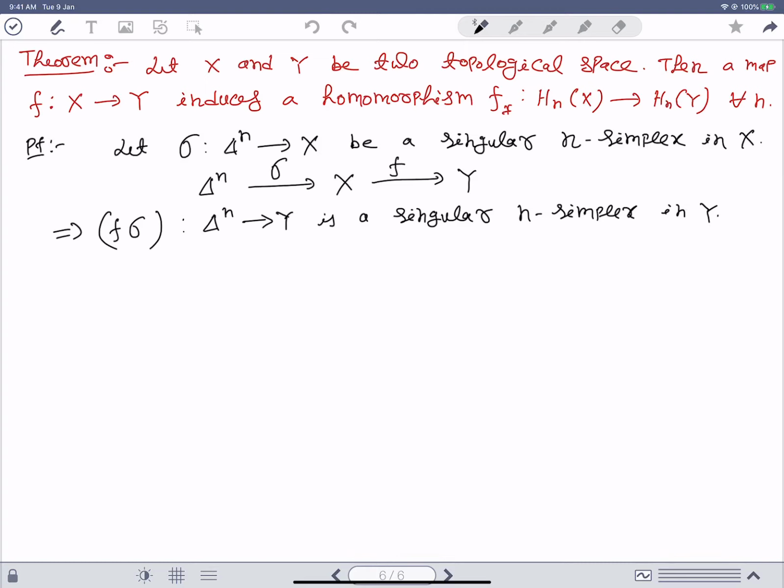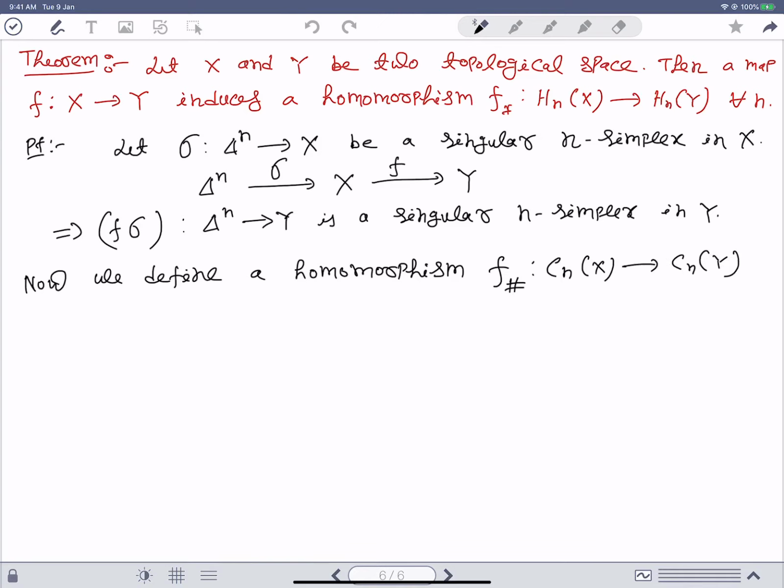So if sigma is a singular n simplex in X, then f sigma is a singular n simplex in Y. Now we use this fact to define a homomorphism from Cn X to Cn Y. Now we define a homomorphism, if we write f hat from Cn X to Cn Y, in the following way.